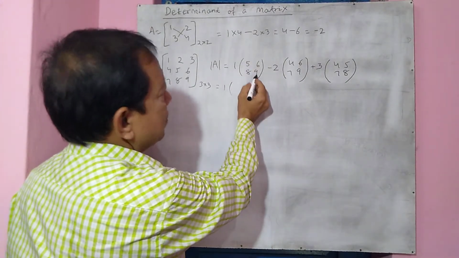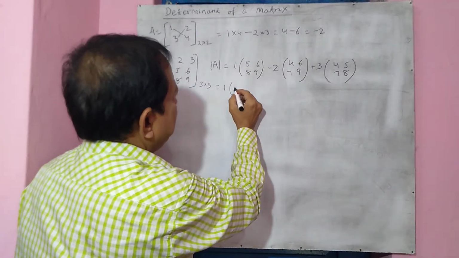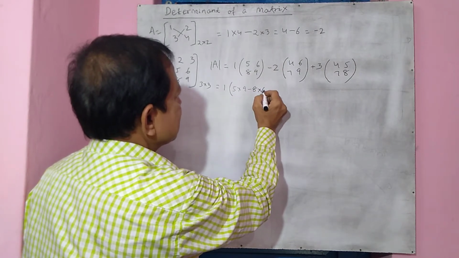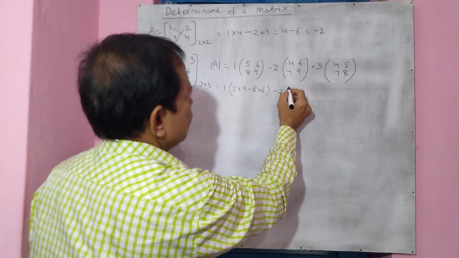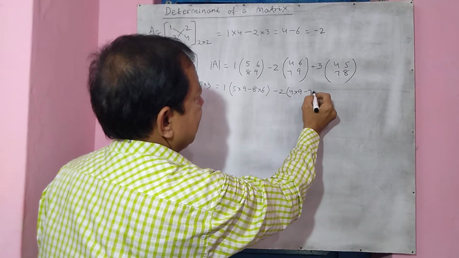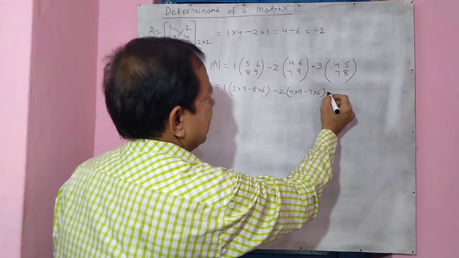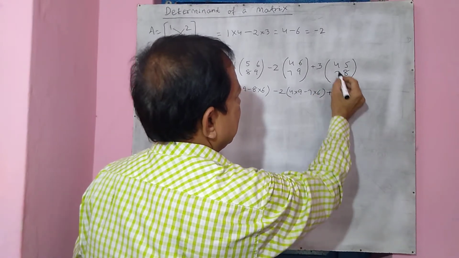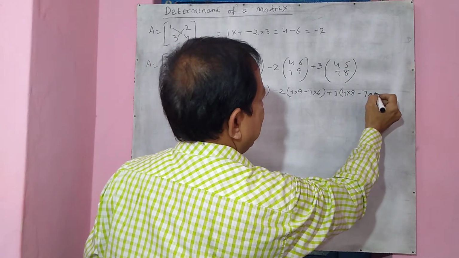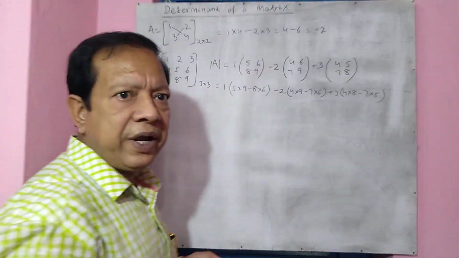1 into, find out here, 5 into 9 minus 8 into 6. Then minus 2 into 4 into 9 minus 7 into 6. Again plus 3 into 4 into 8 minus 7 into 5. Okay.